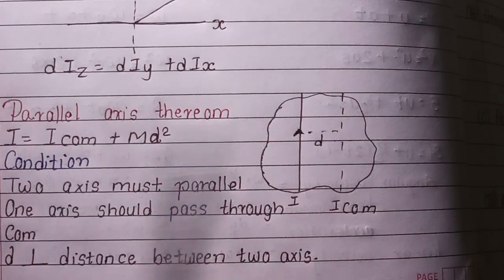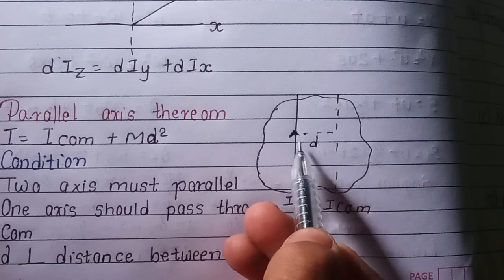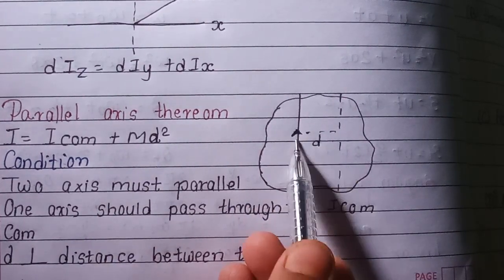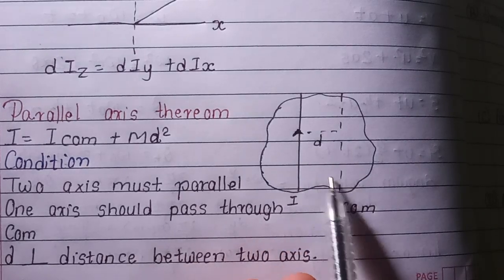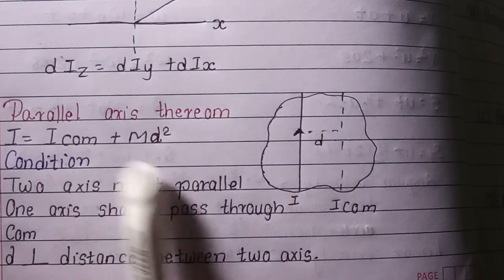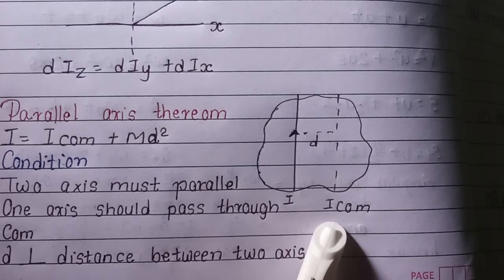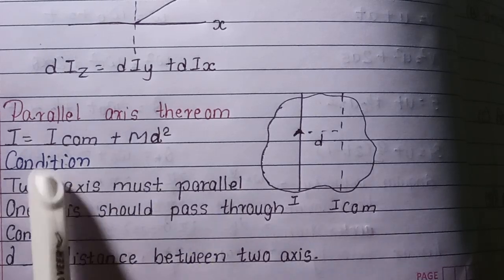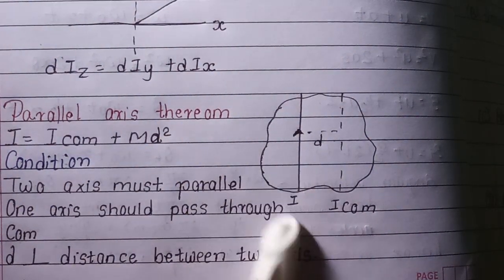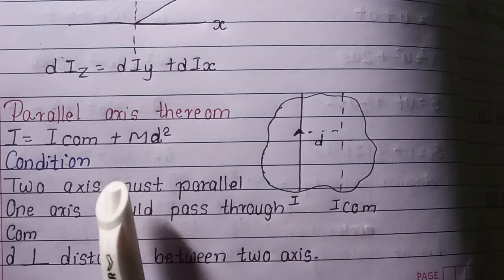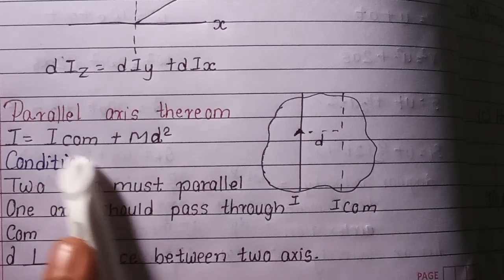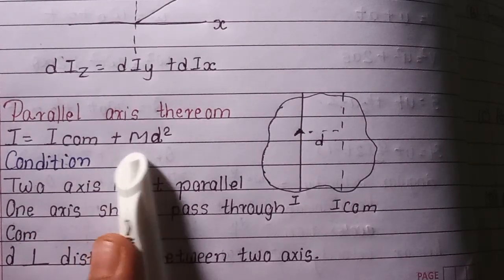It is the point where all the mass is assumed to be concentrated, and d is the distance between the two parallel axes. If the moment of inertia at the center of mass ICOM is given, we can find this I as the moment of inertia about the center of mass plus m d square.